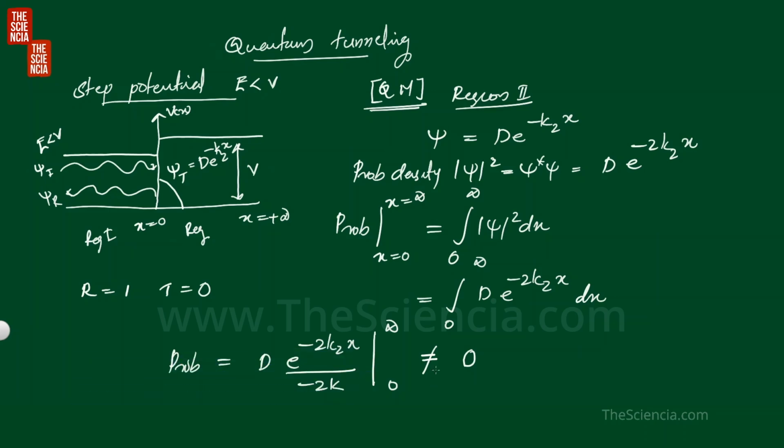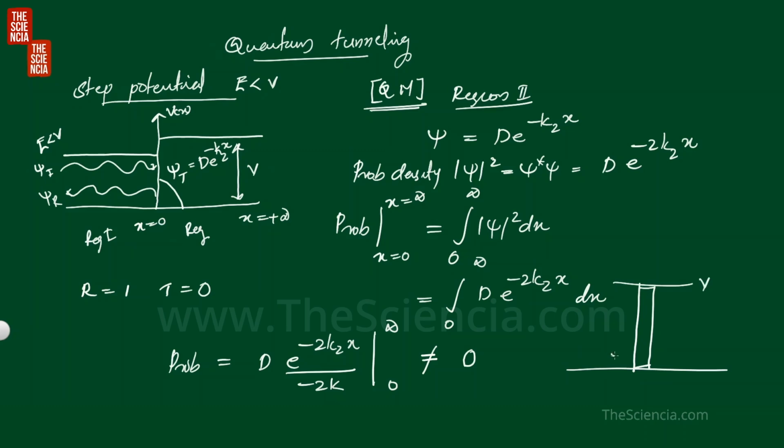But here you see the energy of the particle is less than the potential barrier. Then how can it access the region from x equal to 0 to x equal to infinity? The reason is the particle is making a tunnel. This is the barrier, right? This is the potential of the barrier, and the particle is here.